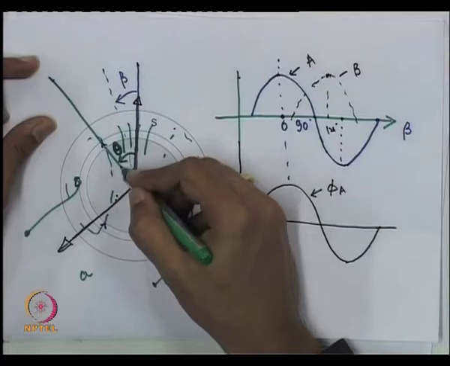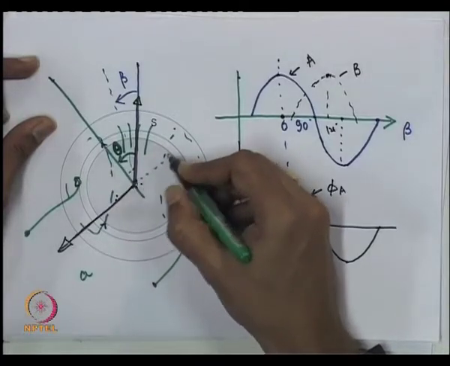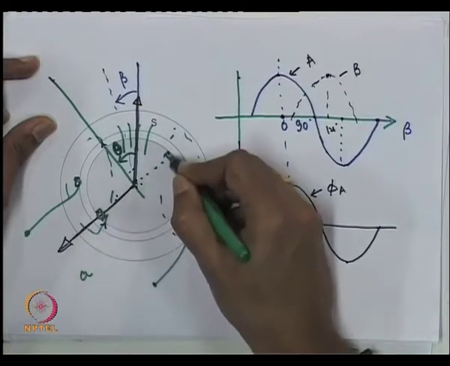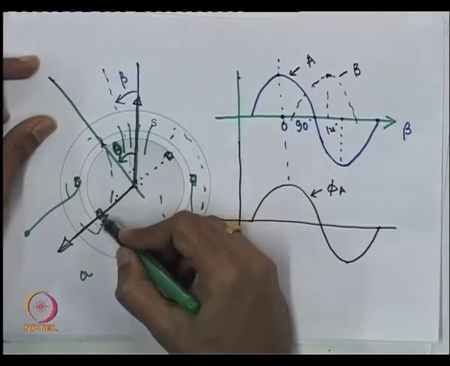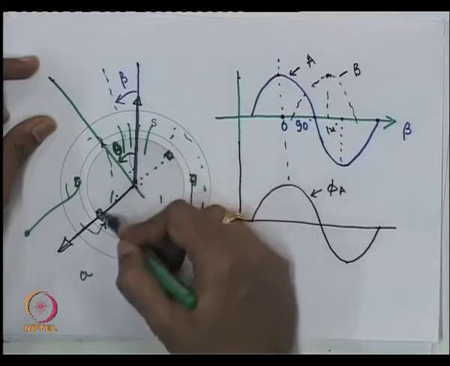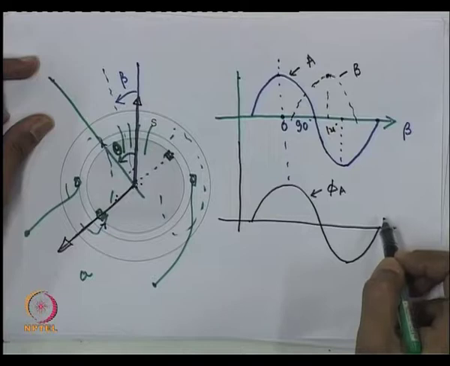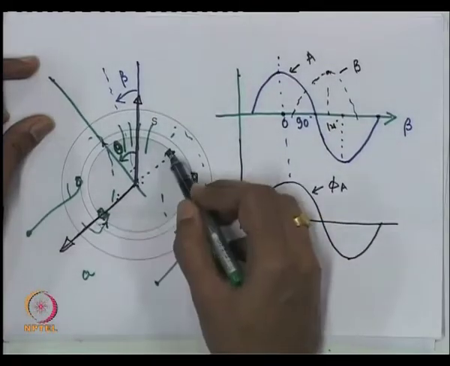What do I mean by aligned at an angle theta? The field winding is wound somewhere here, at an angle theta. So, how much of this flux is actually linking this field winding?